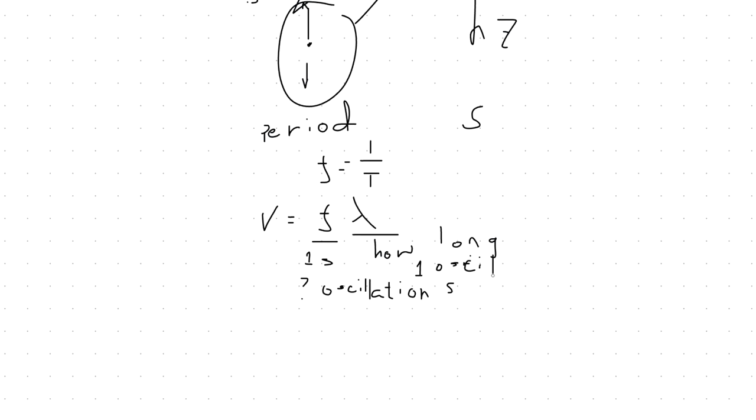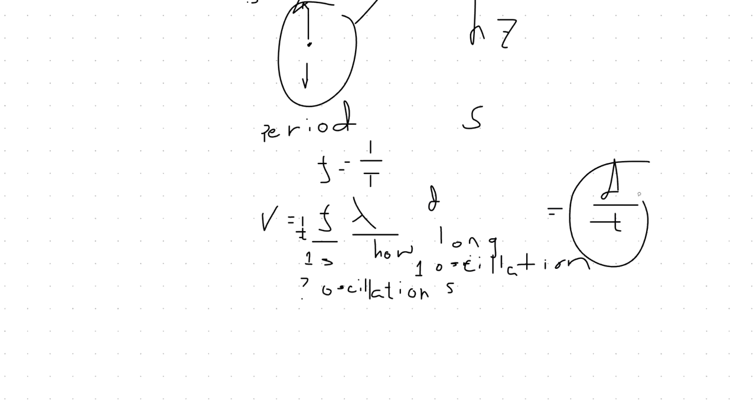So if you multiply these together, this is essentially distance, and this is essentially 1/time, right? So unit-wise, you get distance over time, which is the exact formula for velocity.